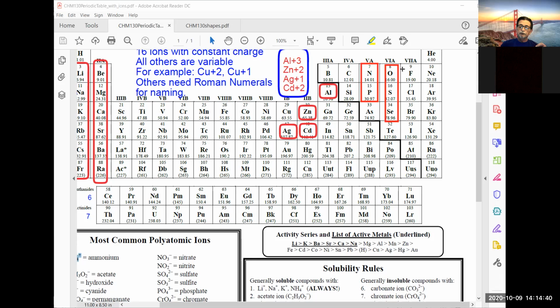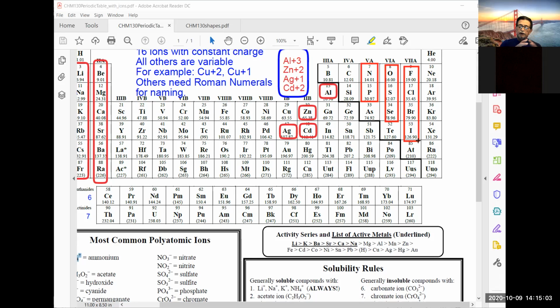The halogens, I'm just going to do fluorine down to iodine. The name again changes from fluorine to fluoride, chlorine to chloride, bromine to bromide, and iodine to iodide.